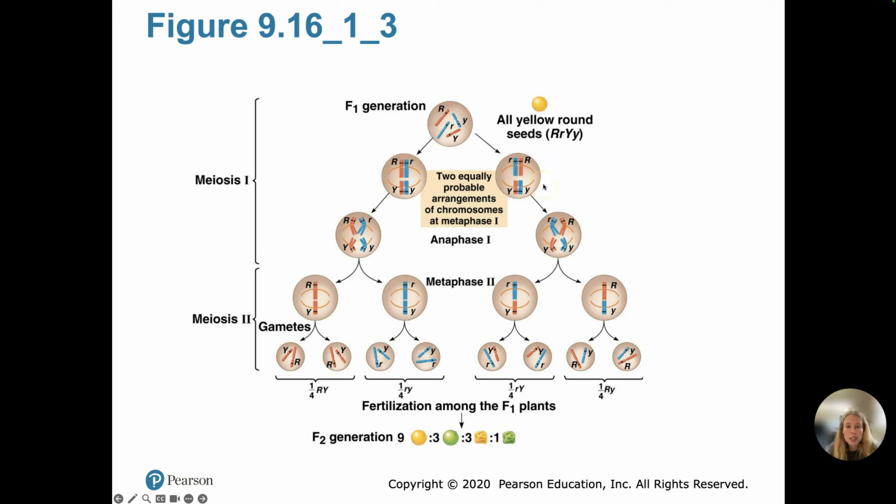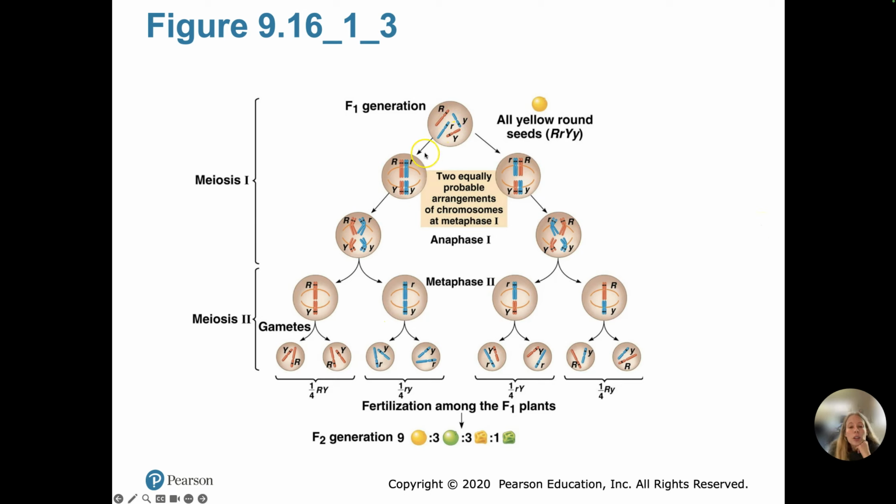But the purpose of this figure is just to illustrate that these are all the possible gamete combinations from this F1 generation. We're pretending that it just has 2 chromosomes. Typically, peas have 7 chromosomes, but to simplify this figure, again, we're just showing the 2 chromosomes, the long R chromosomes and the shorter Y chromosomes.